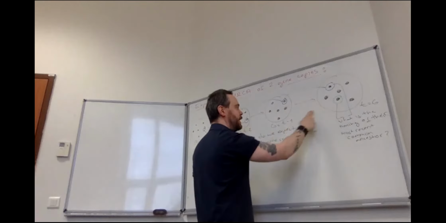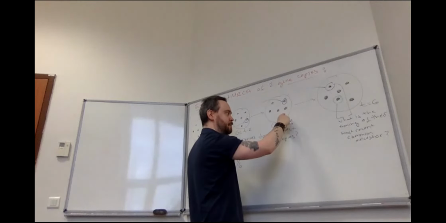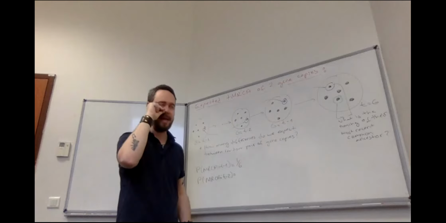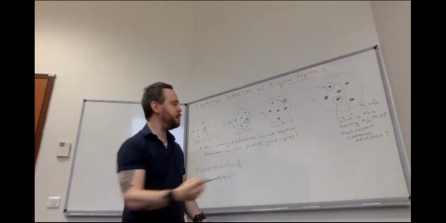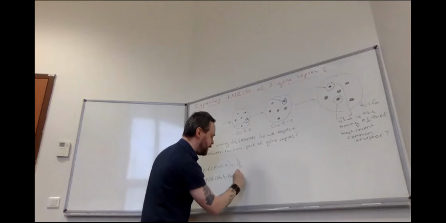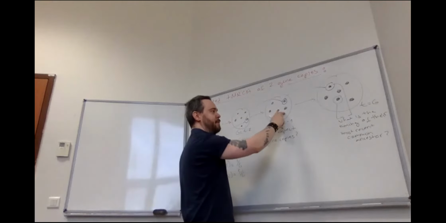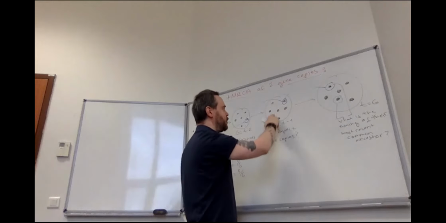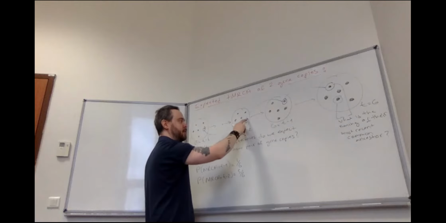Well, it has to not have a common ancestor in this generation. What is the probability of that? The probability that it has a common ancestor is 1/6, so the probability that it doesn't have a common ancestor here is 5 out of 6. So we don't have a common ancestor here. It could be this one, this one, this one, it doesn't really matter. But then in this generation, it's going to find its common ancestor.